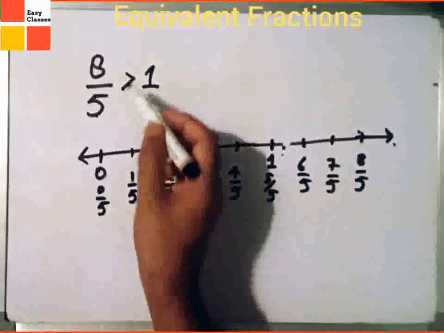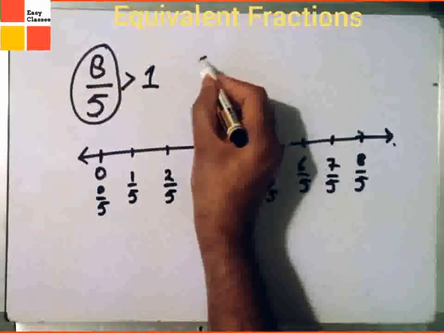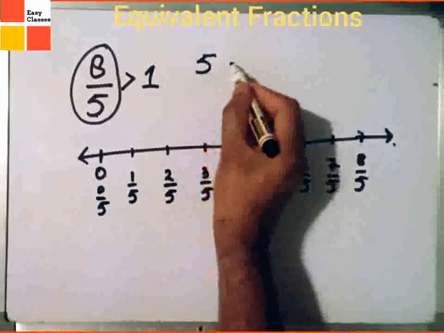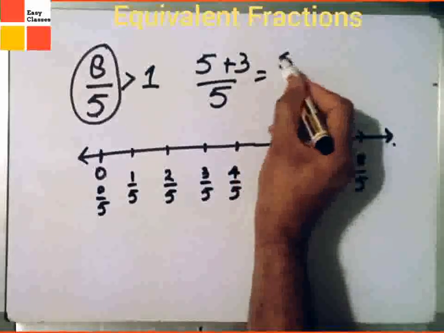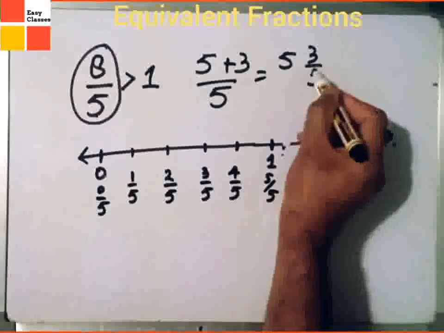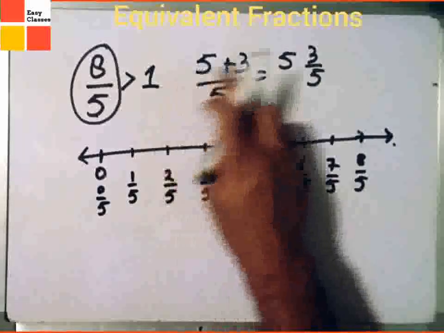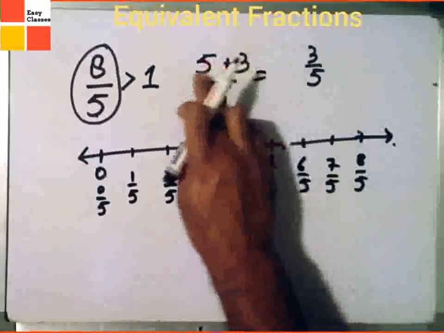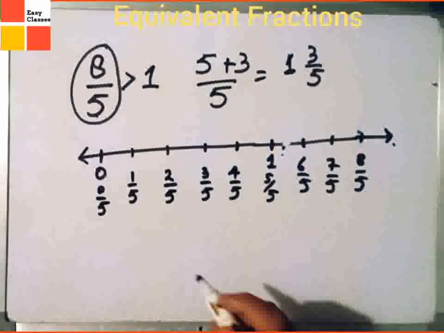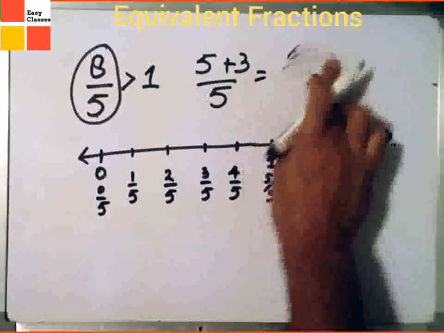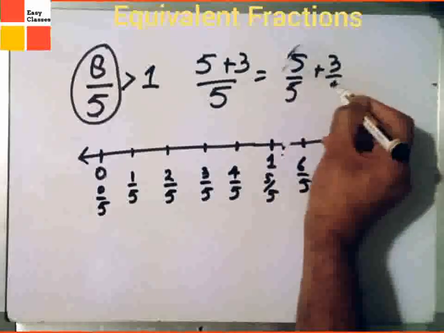Now why? Try to convert this into a mixed fraction. You will get 5 plus 3 divided by 5. Sorry, one whole means 1. So it is called in this way, 5 divided by 5 plus 3 by 5, right?